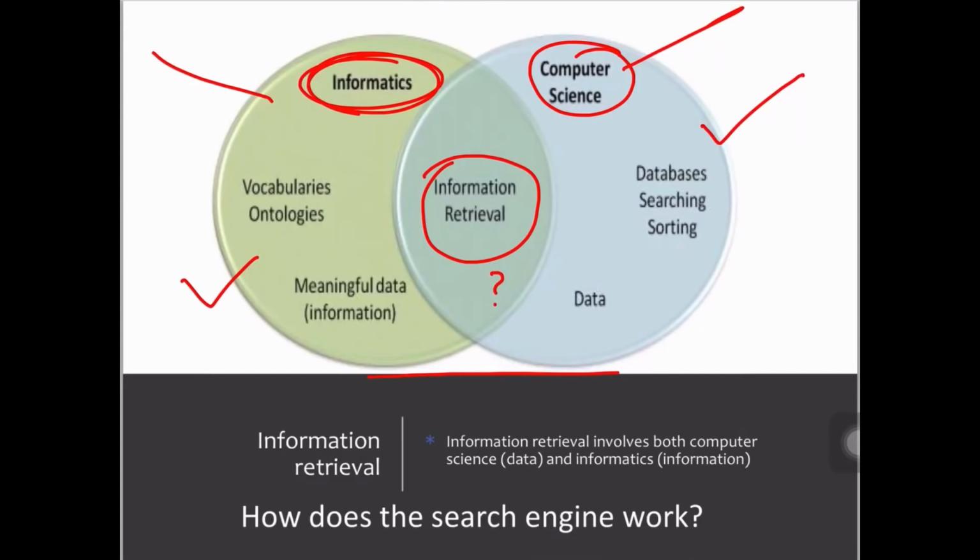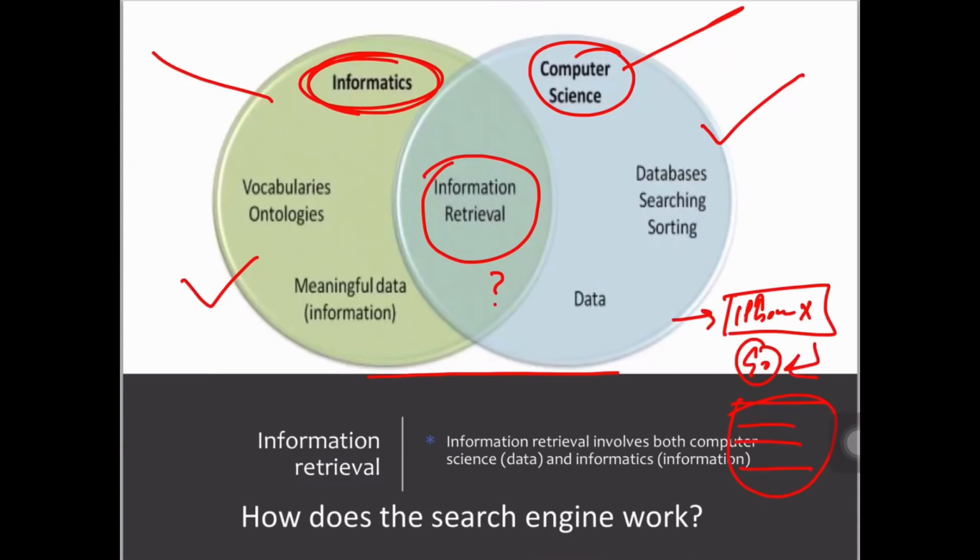But this information retrieval process, which we'll see in a very simplified way, is not that simple. There are several tools and technologies involved at the back end. When you type a keyword, say you type iPhone X, and hit go, there are several steps involved at the back end to find the related information for you.